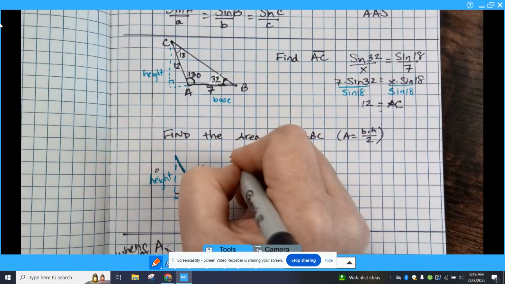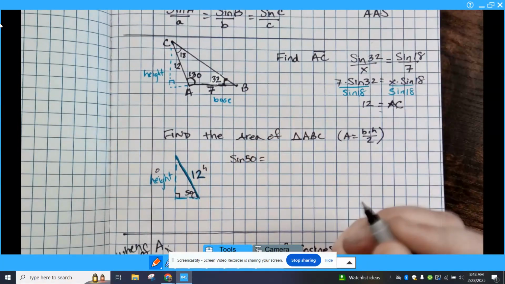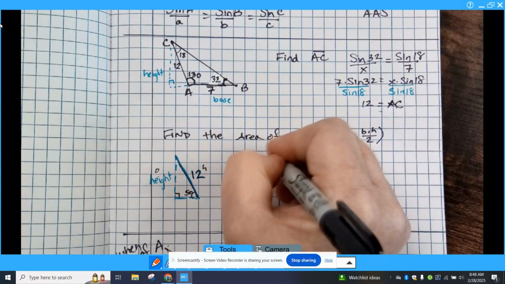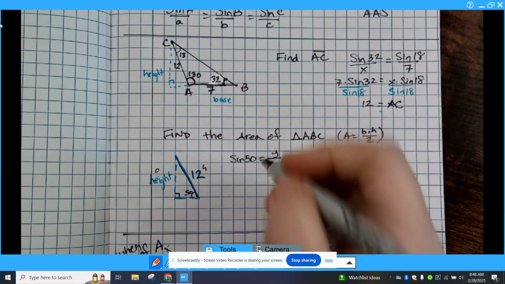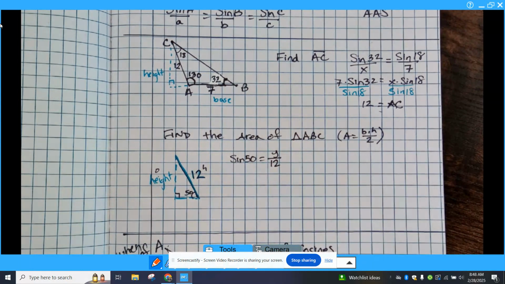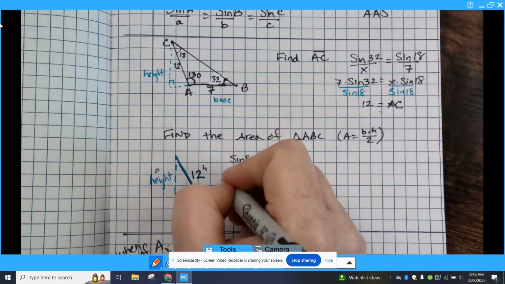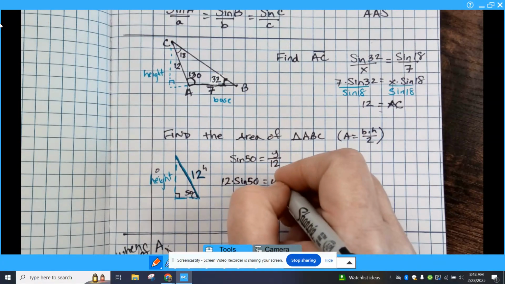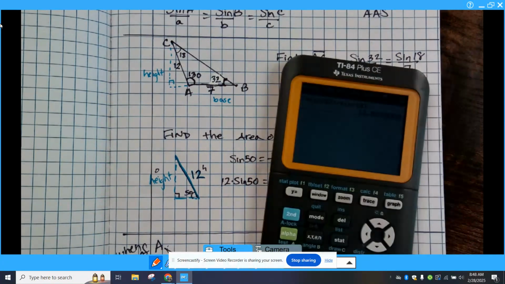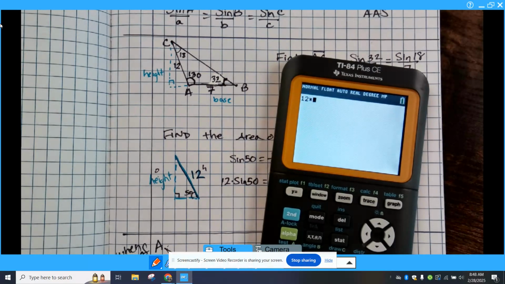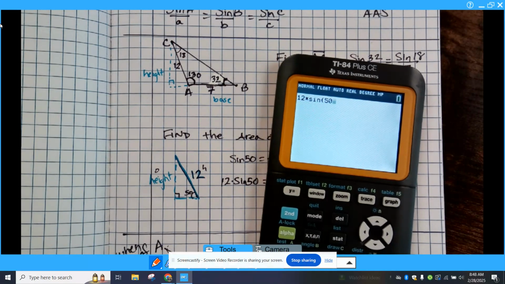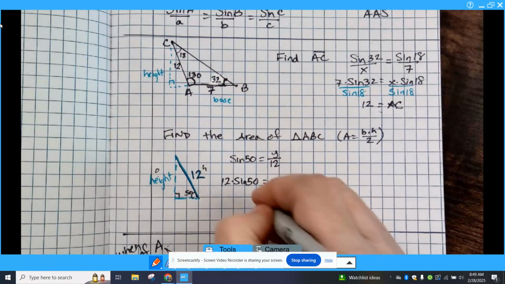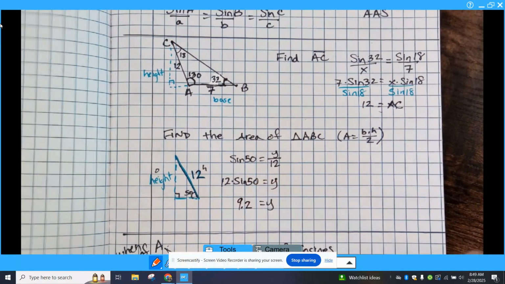So I know that sine 50 is equal to opposite, so I'll use y so it's not confused, over hypotenuse 12. And we're going to multiply. So 12 times sine 50 equals y. Use our handy dandy calculator. 12 times sine 50 equals, let's say, 9.2. Y is equal to about 9.2.